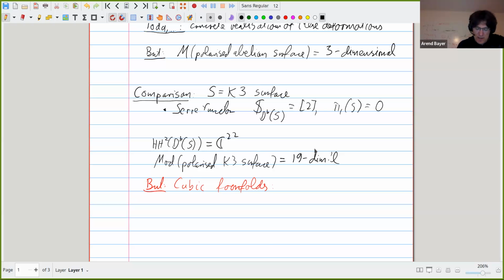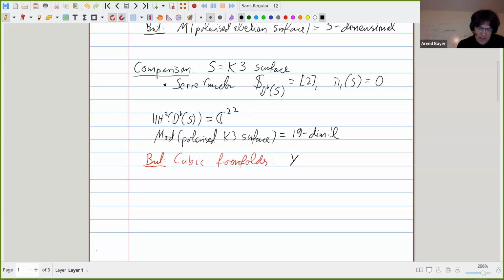But actually there's one case where we have experience with the dimension of the space being 1 bigger. Namely, cubic fourfolds. If you have a cubic fourfold, defined by a degree 3 equation in P^5, then inside its derived category there's something that's now called the Kuznetsov component. It's the orthogonal complement of the structure sheaf, so any complex that has no cohomology in any degree, and also no cohomology after twisting by 1 and twisting by 2.